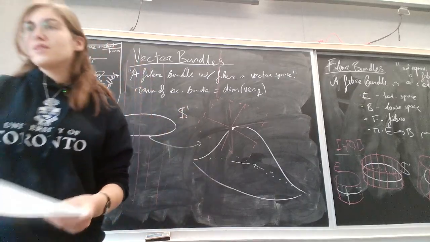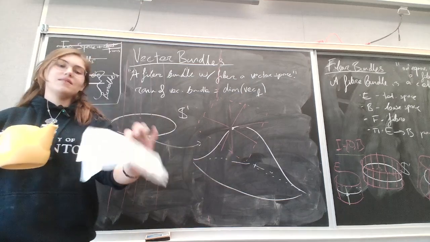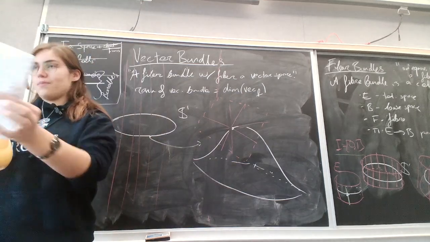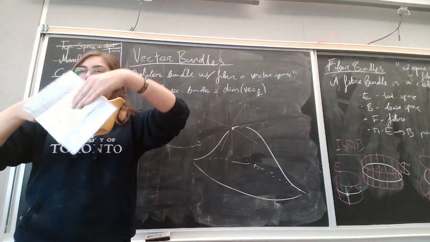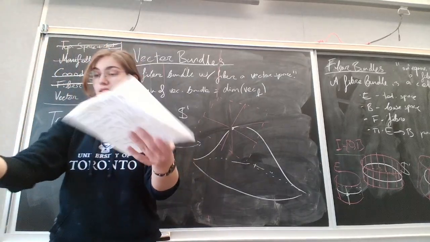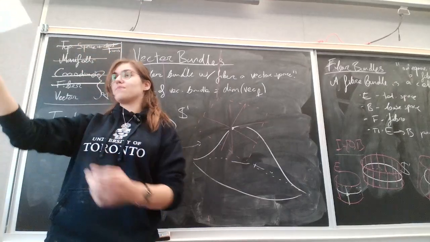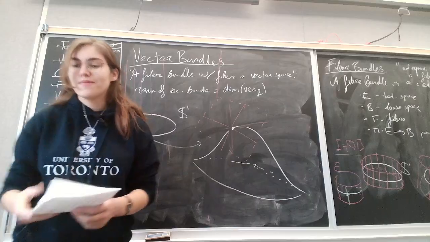So if this was your base space, and you looked at all the planes, maybe this is a rectangle, but assume this is a plane, like it goes in all directions, and you stick it for every point of your base space, that will give you a vector bundle, with this being the base space, this being the fiber, and this stuck to every point being your total space, right?